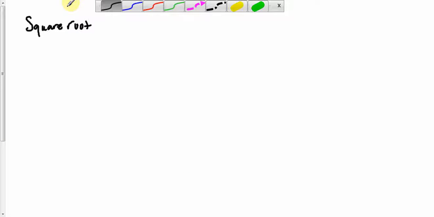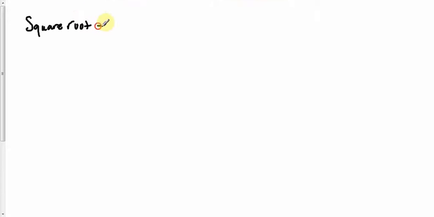Okay? So I don't have the proper definition in my workbook here, but if I asked you what is the square root of 64? Well, what number times itself equals 64? 8. So the square root of 64 is 8.